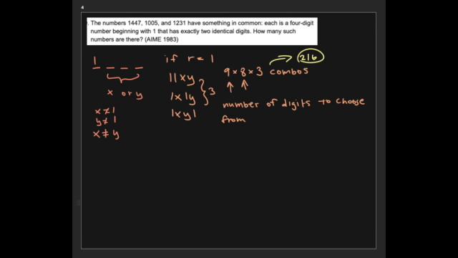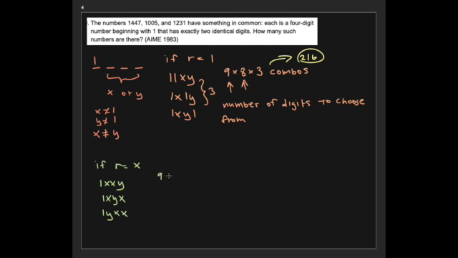Now there's a second situation. If x or y is the repeating number, it doesn't matter which one, so let's just say it's x. Our 3 possibilities would be 1xxy, 1xyx, and 1yxx.